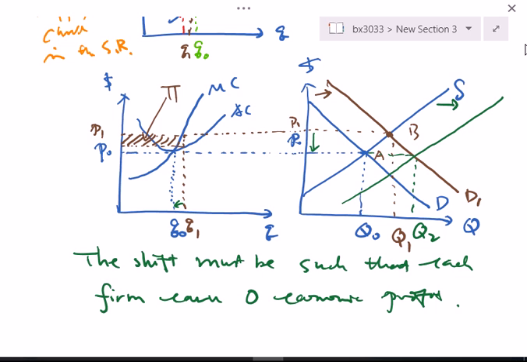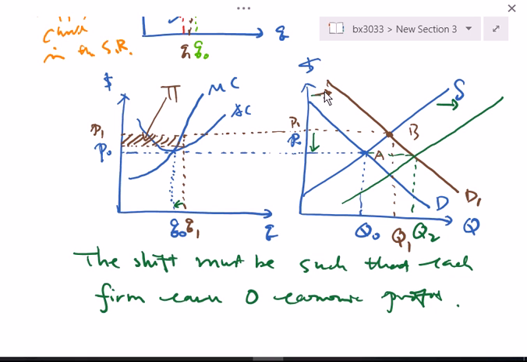Okay. And we can use this market diagram and the firm diagram to analyze the change in the market and the firm's response. For this particular example, I am analyzing the impact of a demand side shock.